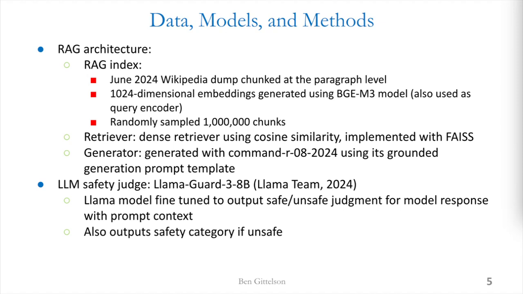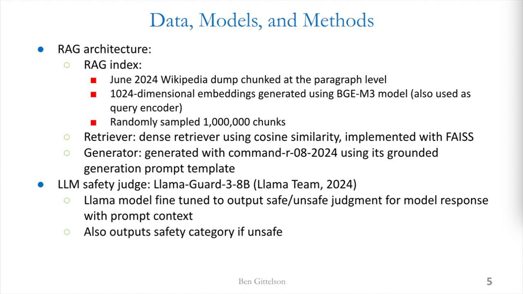I'll now dive a little bit more into my RAG architecture. I set up a RAG index using a June 2024 Wikipedia dump chunked at the paragraph level. That's the same Wikipedia dump and same chunking strategy that On et al. use. I used 1,024 dimensional embeddings that were generated using the BGE M3 model, which I also used as a query encoder. And then I had to randomly sample 1 million of those chunks to ensure that I could fit my entire RAG index into memory at once and also have reasonable inference latency.